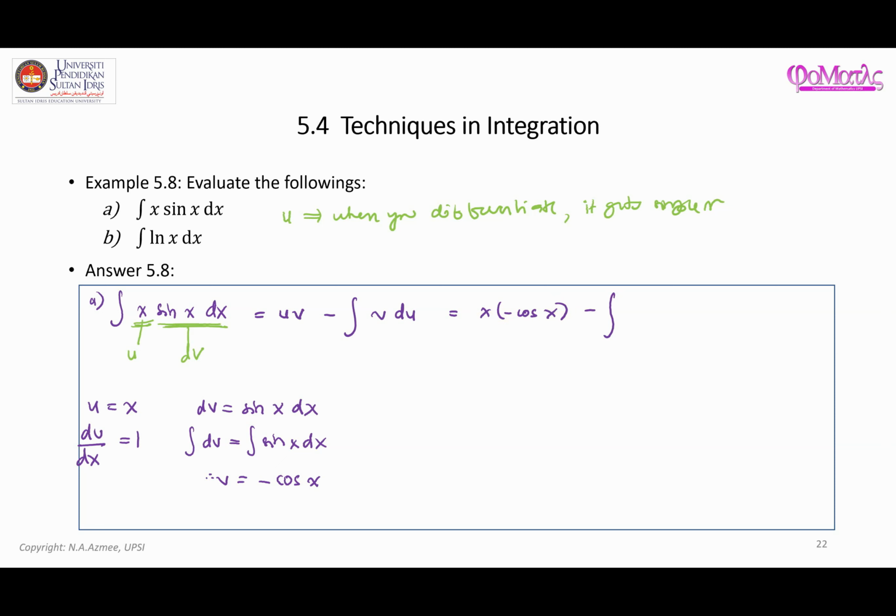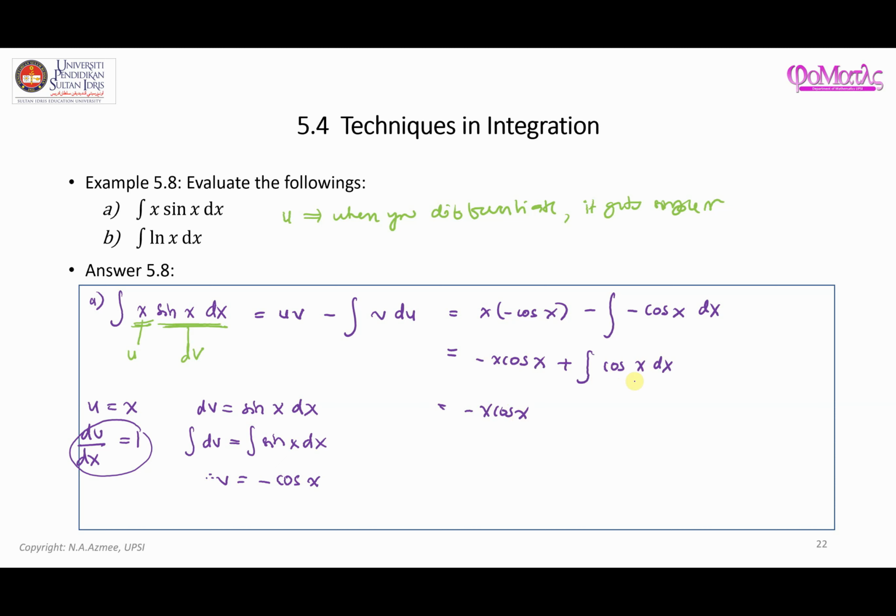So v is negative cos x, and du is dx. So this becomes negative x cos x plus the integral of cos x dx.